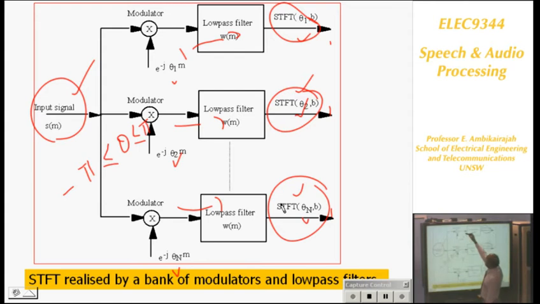So if you've got 128 of these, then you're analyzing 128 frequencies. It depends on how many modulators you set up; you can find out whether those frequencies are available in the input signal. Okay? If you're only looking at one frequency, I only want to know whether this frequency is present in the signal. All you need to implement is only one part of this, that one.